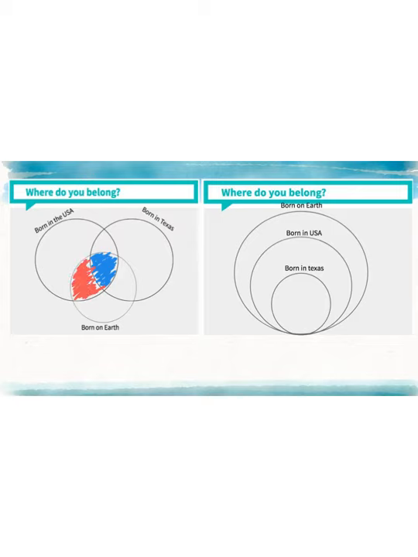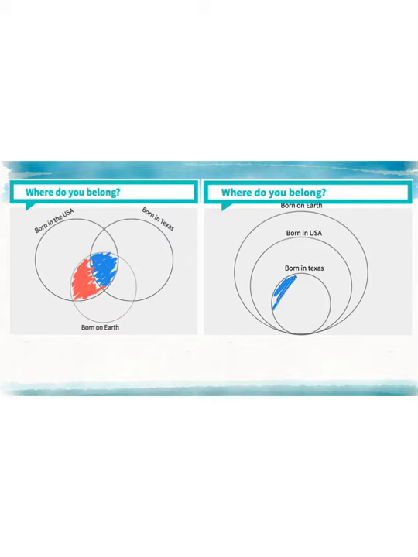In the Venn diagram example on the right, using my first example, I was born in Texas. That means I was also born in the USA, and I was also born on Earth. So I'm going to place my shading where I belong first.